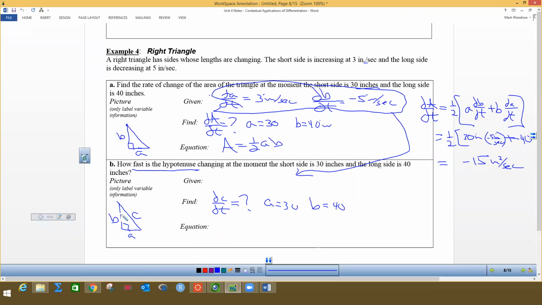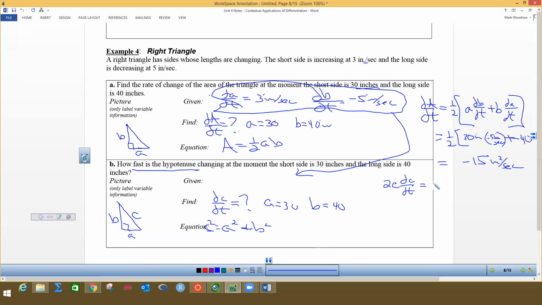But now the way these three things relate in a right triangle is a squared plus b squared equals c squared. But I'm going to put the c squared on this side. So now I want to do Pythagorean theorem, which is where that came from. So I'm going to do the derivative of c squared. So 2 comes in front, c stays there, but we're doing the derivative with respect to time.